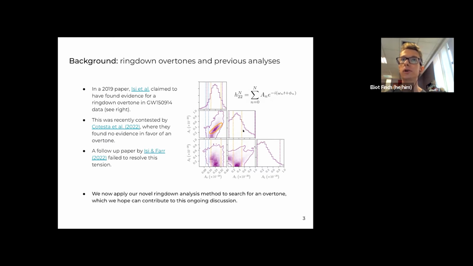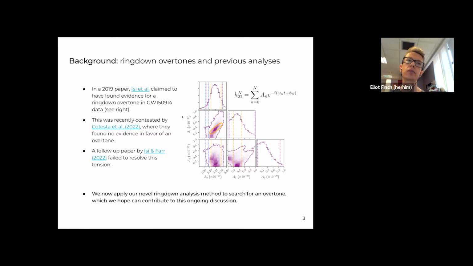What I want you to focus on is this orange-yellow contour. This is the result from a model where you include the fundamental mode and 1 overtone. And the claim is you're getting an overtone amplitude which is significantly away from 0. It was 3.6 sigma, I think. So this was evidence for finding 1 overtone in the data.